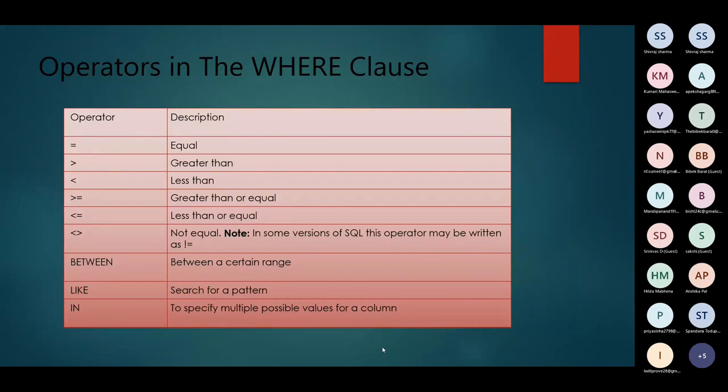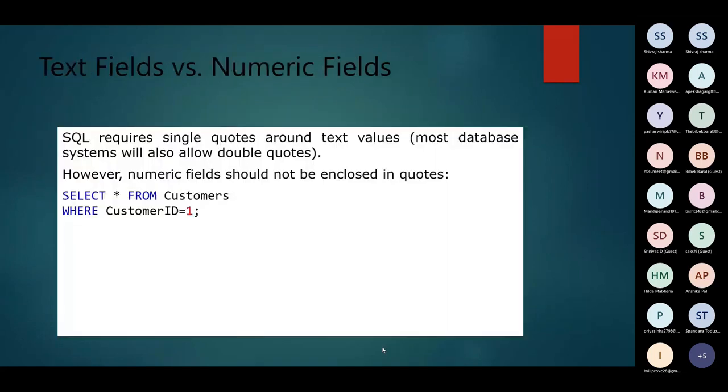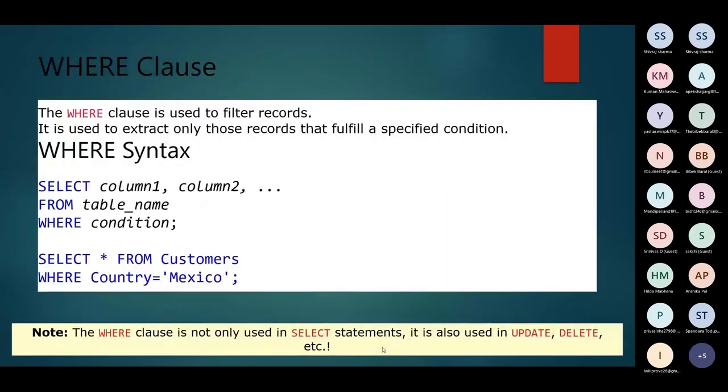These are the operators used with the where clause. What are the operators? Let me go back to my previous slide. Here you see the equal to is mentioned over here, right? This is known as the operator. The kind of condition you are implementing is known as the operator.